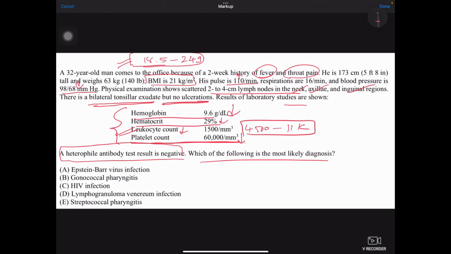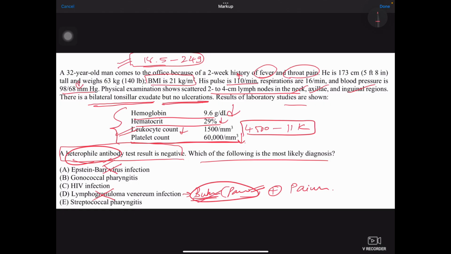This is pancytopenia. Heterophile antibody test is negative, most likely diagnosis? So it cannot be EBV because the heterophile antibody test is negative. Gonococcal pharyngitis, okay. It cannot be LGV for sure, because there the buboes will be very painful for the patient, and the ulcer itself can be on the genital area, usually the penis, and will be painless.